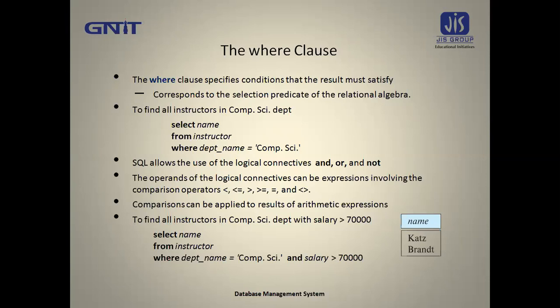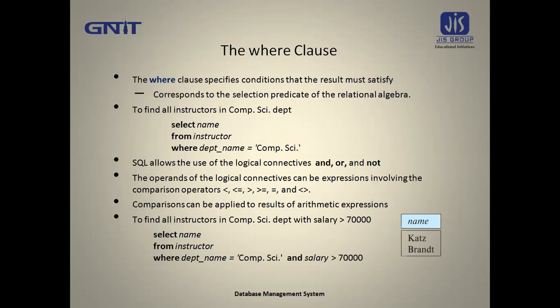Like if our query is to find all the instructors in computer science department, then the query will be select name from instructor. This is the first part. So this will give us all the names of all the instructors. Then I'm writing the selection predicate where department name equal to computer science.